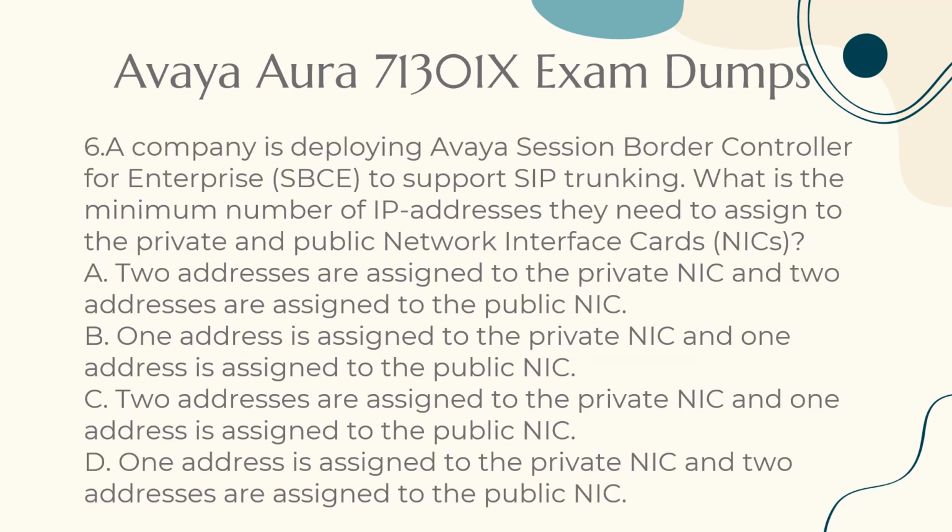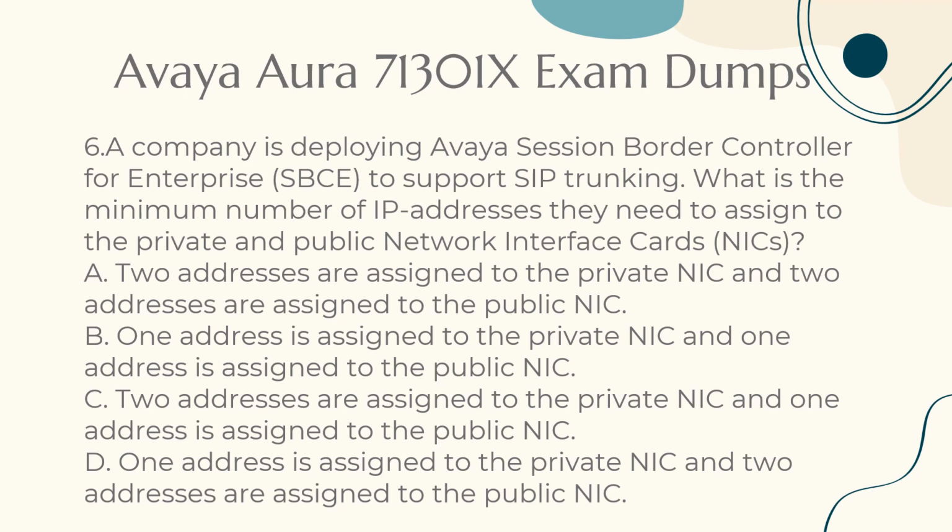6. A company is deploying Avaya Session Border Controller for Enterprise (SBCE) to support SIP trunking. What is the minimum number of IP addresses they need to assign to the private and public network interface cards (NICs)? A. 2 addresses are assigned to the private NIC and 2 addresses are assigned to the public NIC.